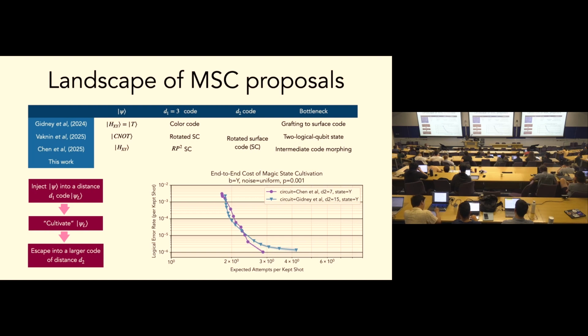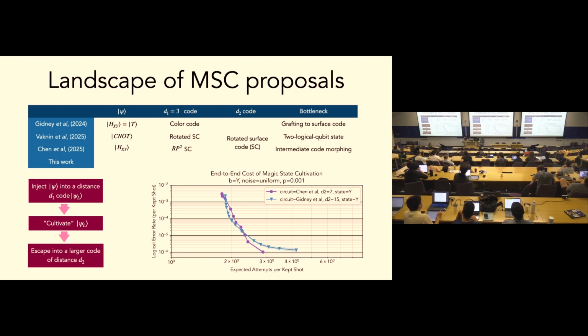What is happening as you move down towards the right is that you're post-selecting on more soft information that is obtained from error correction of the D2 code, telling you whether it has likely had a logical error or not. And therefore, you're able to see a substantial reduction in the logical error rate from over 10 to the minus 3 to 10 to the minus 6.